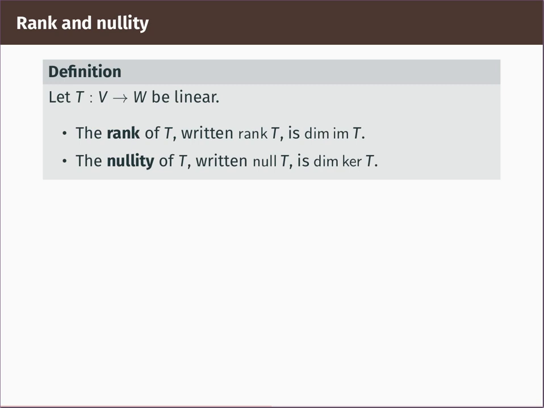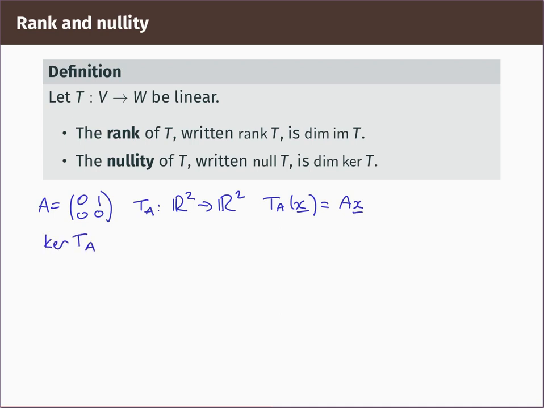So example 1, if we take A to be the matrix 0, 1, 0, 0, and TA to be the linear map R squared to R squared, which is left multiplication by A, then we saw what the kernel and image were. In fact, they were both the same.